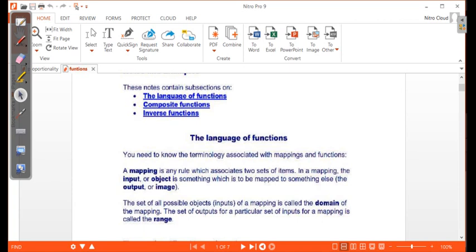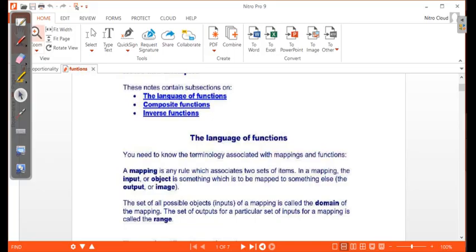Let's start by defining a mapping. A mapping is any rule which associates two sets of items. In a mapping, the input or object is something which is to be mapped to something else, which is the output or the image.